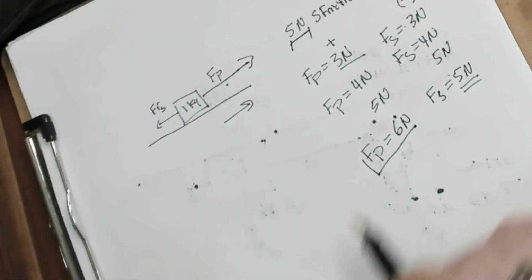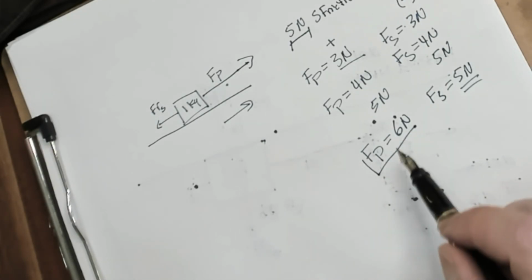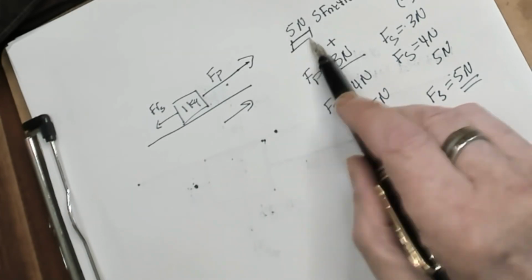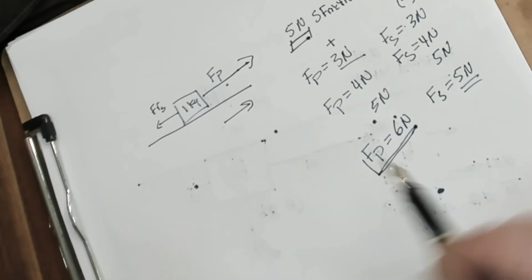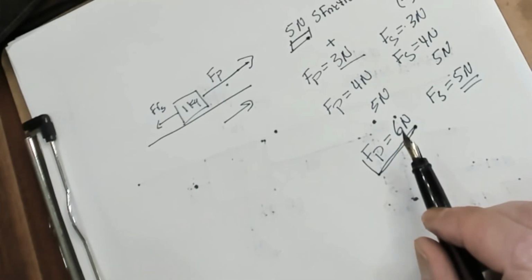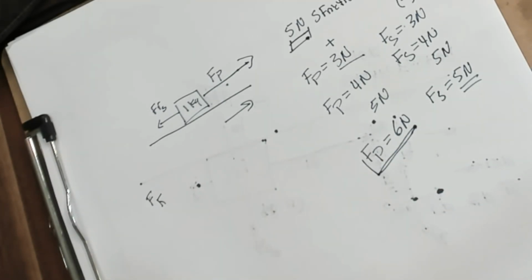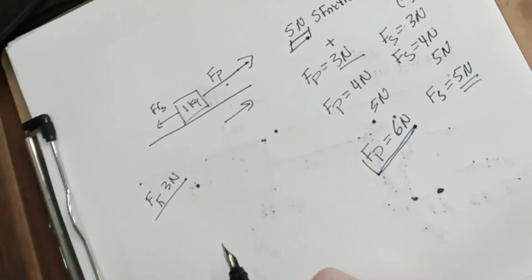Now let's finish up this video with a situation where we have applied enough force to overcome the static friction. So static friction maxed out at 5 newtons, and we applied 6 newtons. So we've gotten the object moving. Well, now the kinetic friction kicks in, and kinetic friction may only be 3 newtons. So what's the net force on our block?